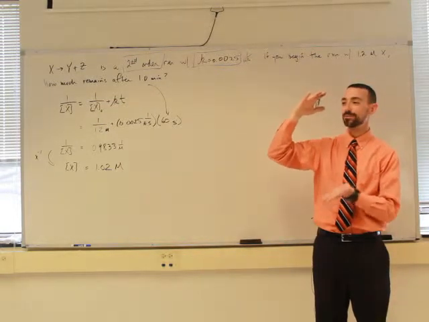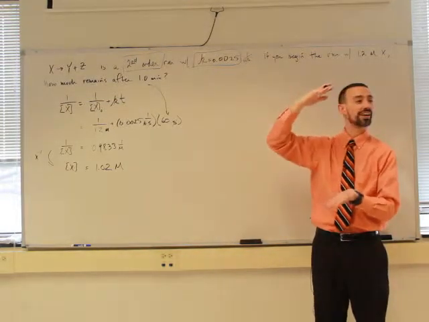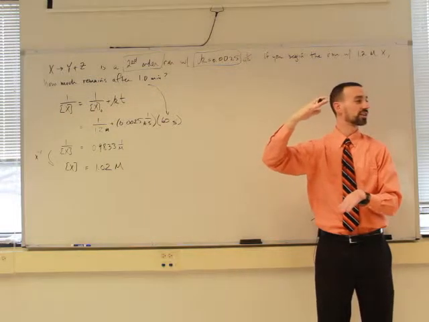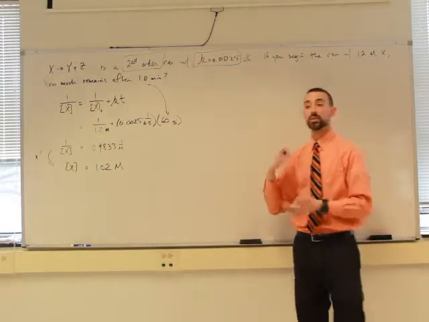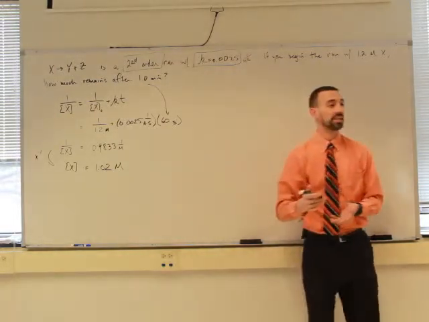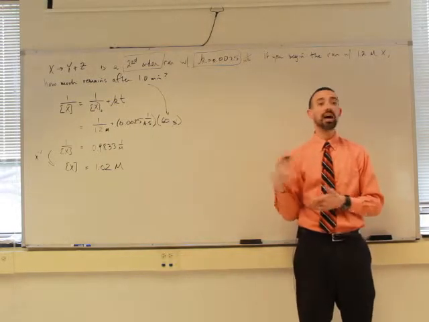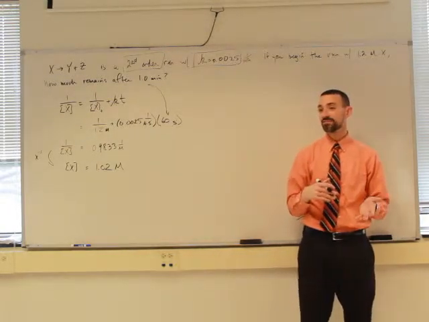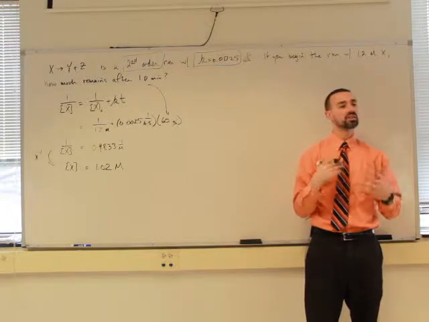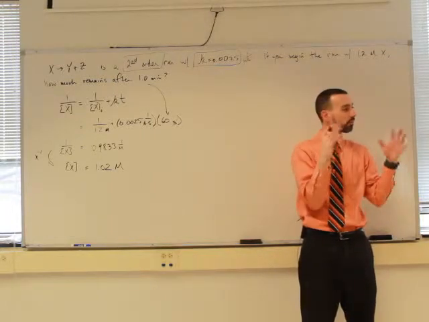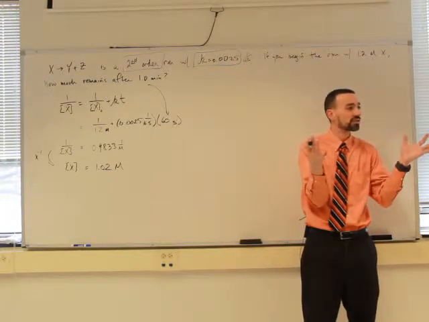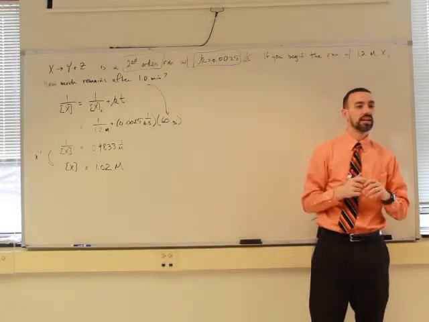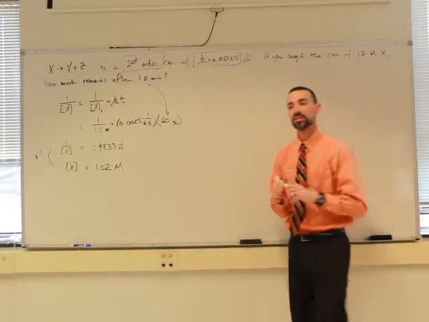So you got to get a number between 0 and your starting value when you're asked about a concentration. If we flip this around and do a time problem, we'll do that in a second. You've got to get a time that's positive. You can't get negative time, right? All right. So you start to think about what are the reasonable windows for an answer, right? And it helps you have some confidence in your answer.